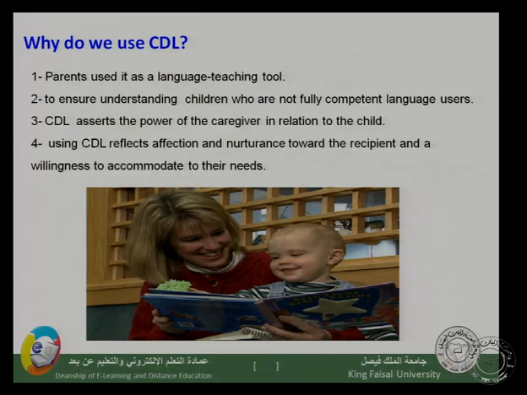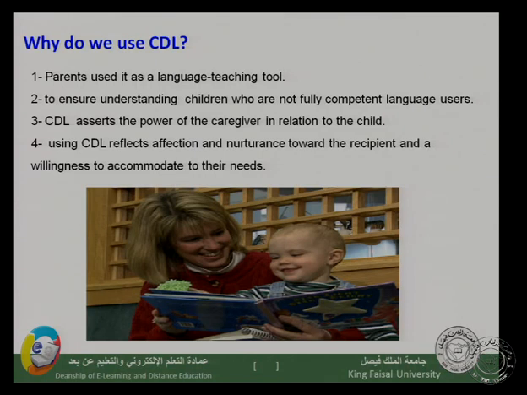Why do we use child-directed language? Why do we use this specific style of language with children? Number one, parents use it as a language teaching tool. When you want to teach your child, you tend to use this style of language. You make your language slower, you exaggerate the pronunciation, and you also emphasize the intonation of the question, where there is a prominent rising tone when you ask a question.